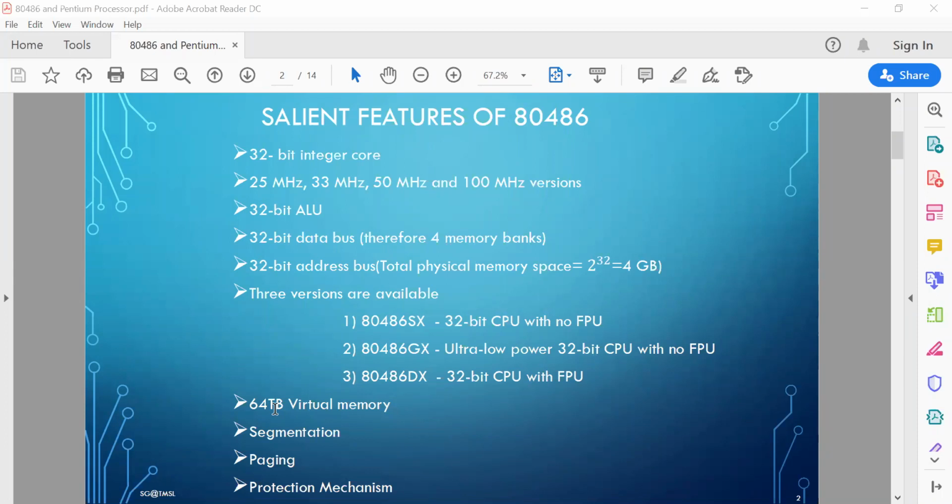The next are the OS services, OS extensions, and then your application program. So a different privilege level is assigned according to the task or program. That is the protection mechanism implemented using different privilege levels. So these are the salient features.